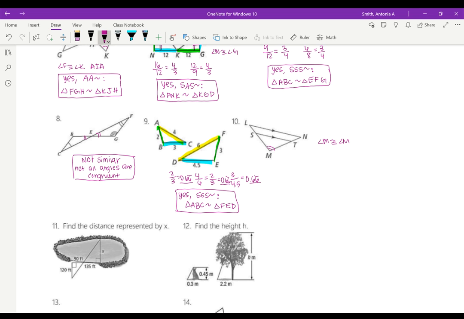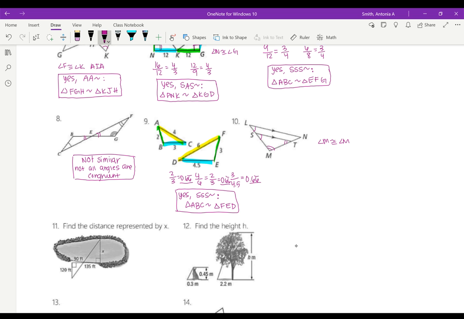So with these parallel lines, we're remembering that we can create alternate interior angles, corresponding angles, alternate exterior, consecutive interior, all of those. So let's look at angle L and angle S. Those would be considered corresponding angles. And because those lines are parallel, because of those two little arrows, these would be congruent.